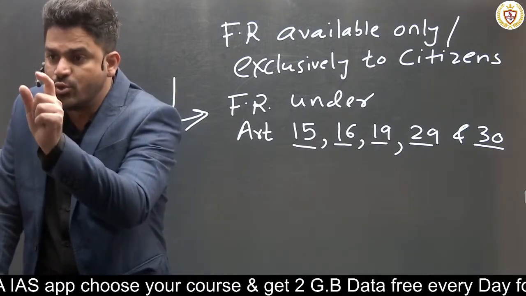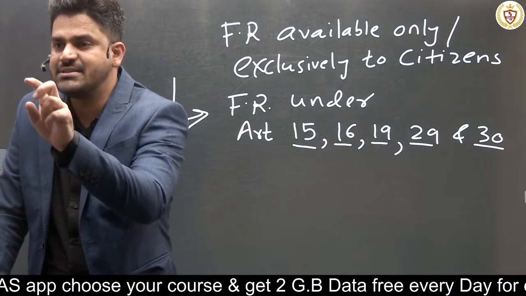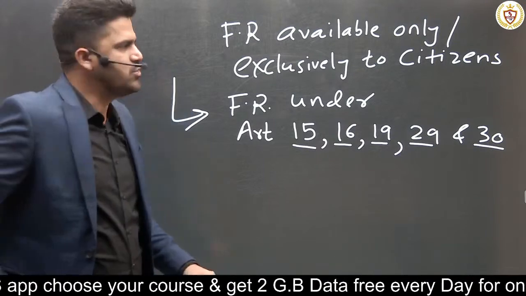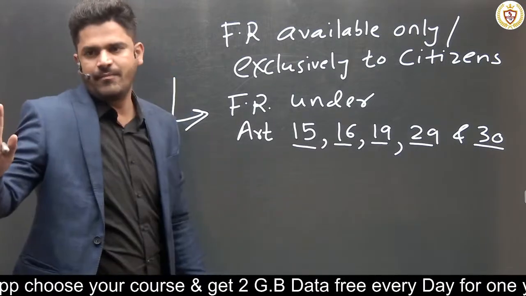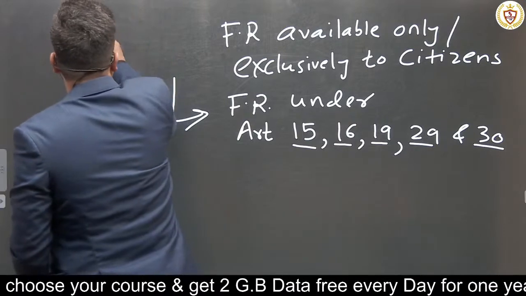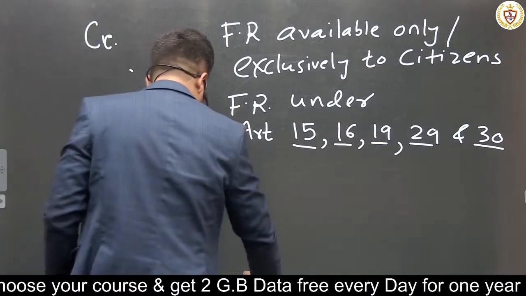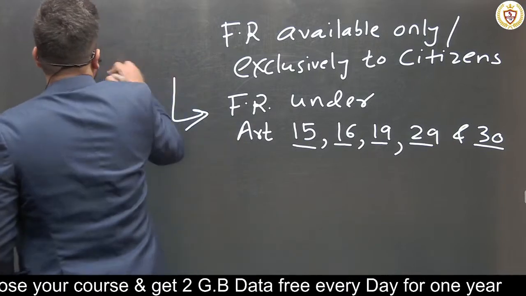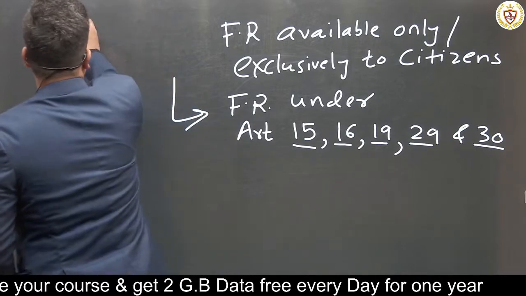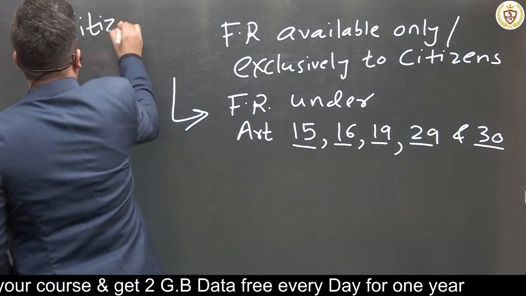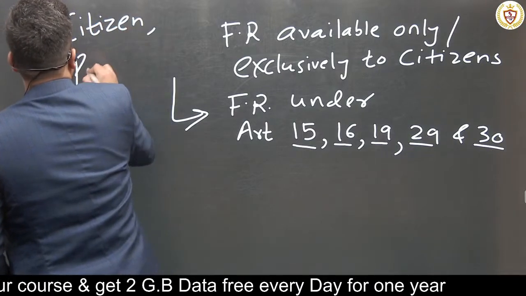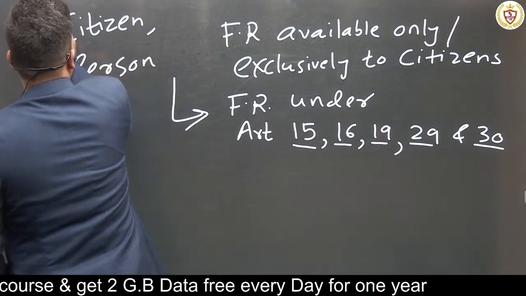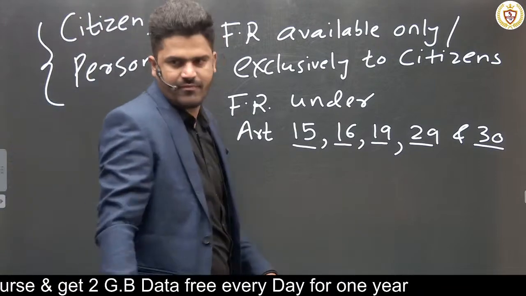The word used under article 15 is citizen. See, you have to read articles very carefully. So you have to see whether the word mentioned is citizen or person. On the basis of that, we can say this.